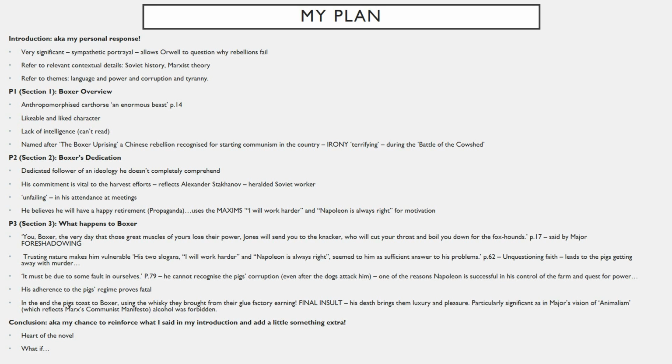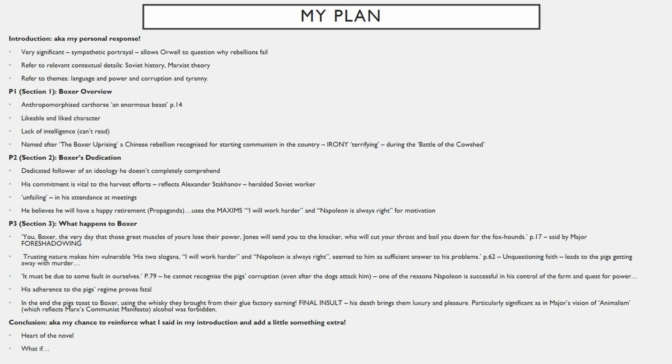We see how his nature makes him very vulnerable, his use of those slogans, his unquestioning faith, and really how his inaction is leading to the pigs getting away with murder. It's what leads to capitalists being able to take advantage of the proletariat, according to Marx's theory.